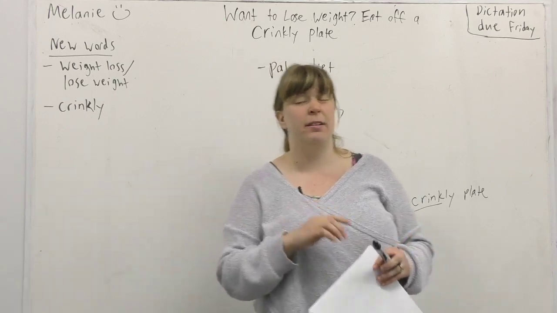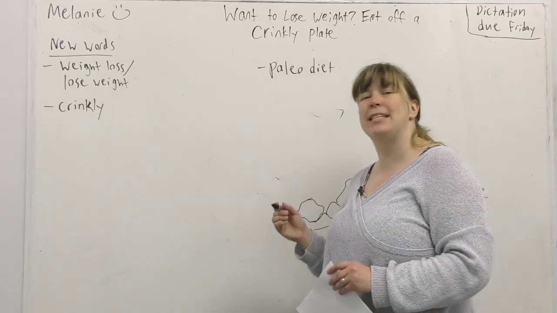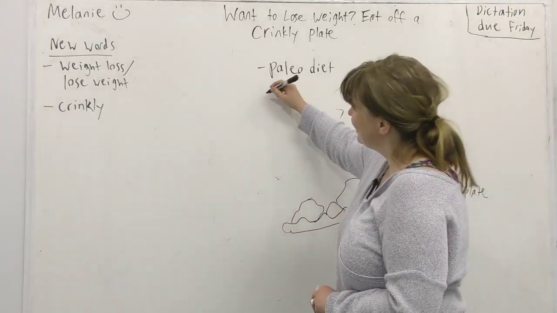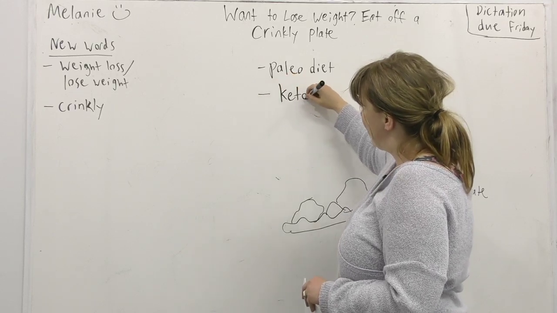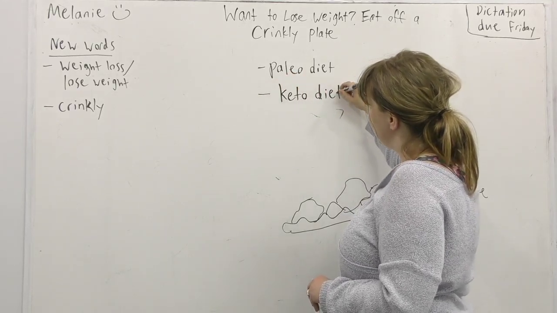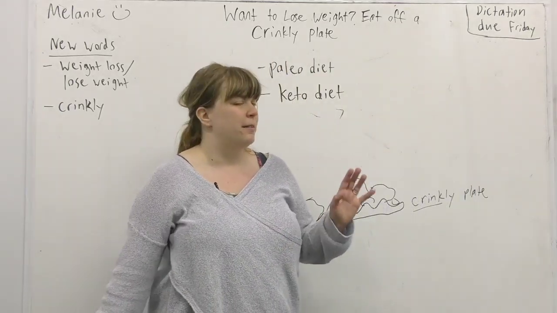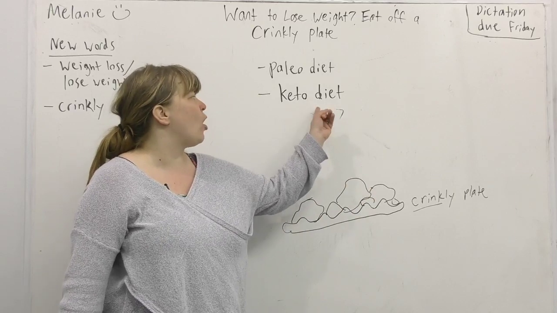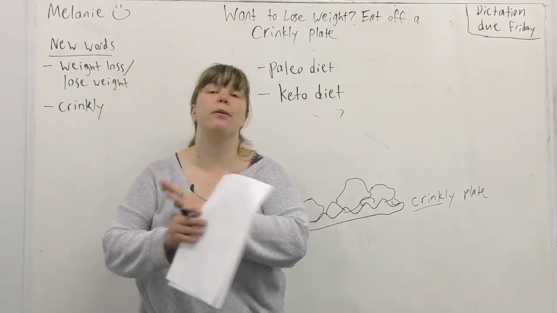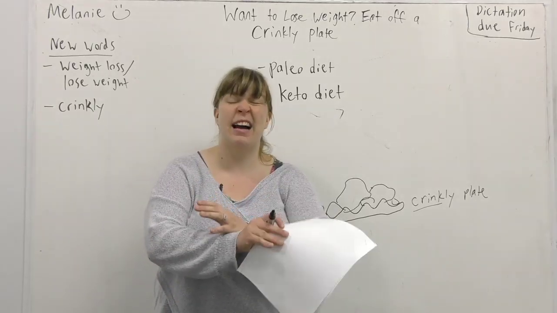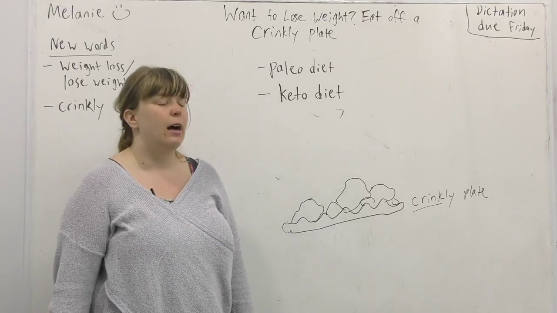I'm going to give you another example. I can't remember exactly what this diet is. It's called the Keto Diet. So here with the Keto Diet, you're cutting out, I think it's almost no carbs. So you can't have bread, you can't have pasta, you can't have too much sugar.